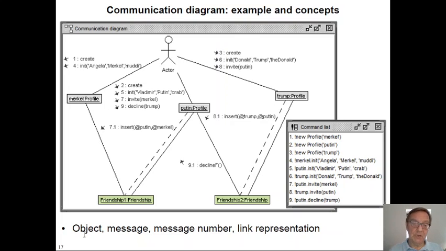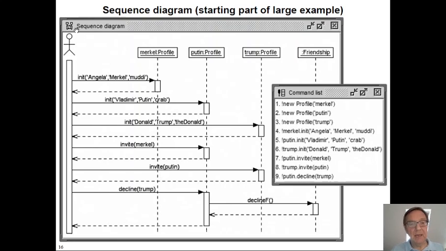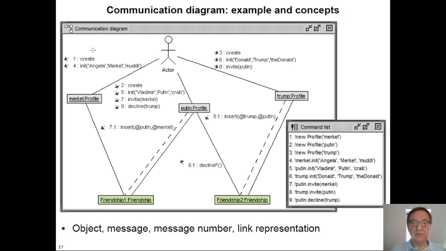So in this communication diagram, we again have objects, we have messages which are placed on connectors between an actor. The general actor here is the same as the general actor in the sequence diagram.